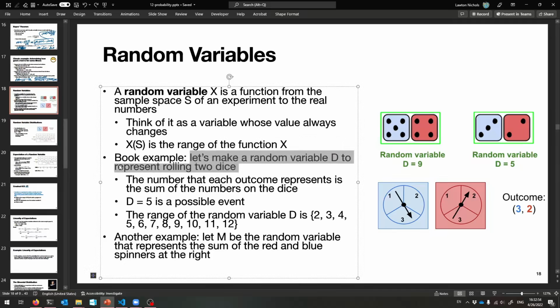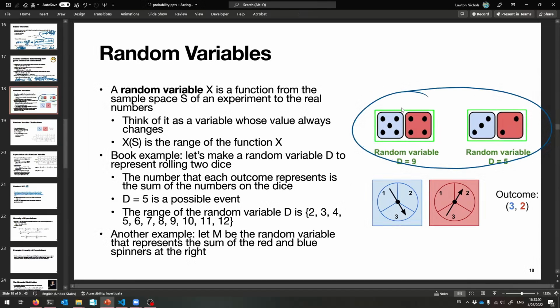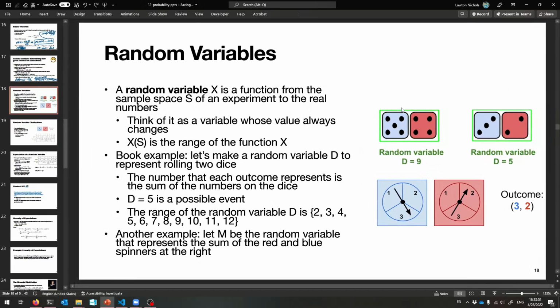Let's make a random variable, call it D, to represent the idea of rolling 2 dice. Our random variable D is going to keep track of the sum of all the numbers on the dice. So that means D could have been 5, because we could have rolled a 3 and a 2 or a 2 and a 3.